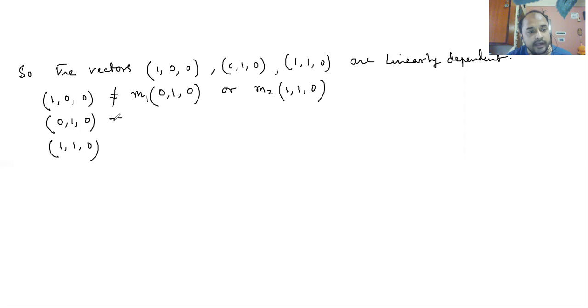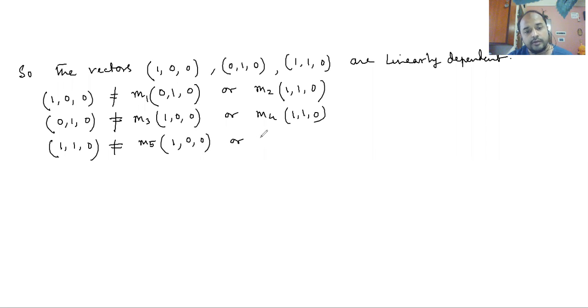I cannot express 0 1 0 as a multiple of 1 0 0 or 1 1 0. I cannot express 1 1 0 as a multiple of 1 0 0 or 0 1 0. You can observe it very well from the expressions of the vectors.